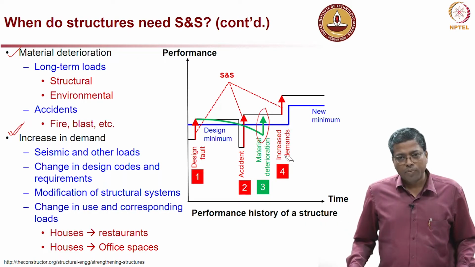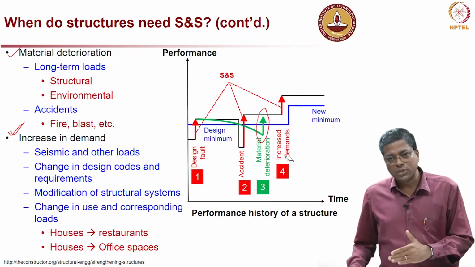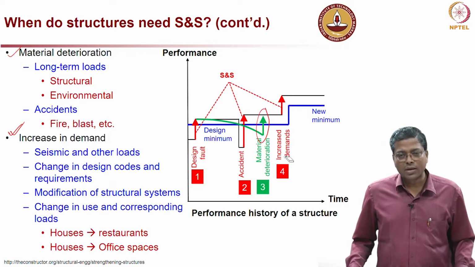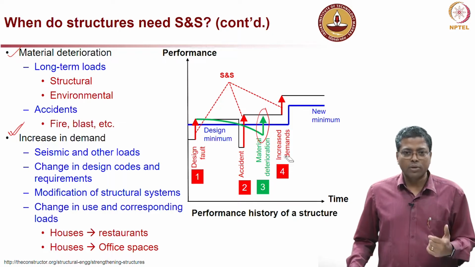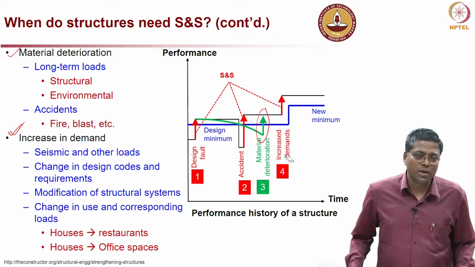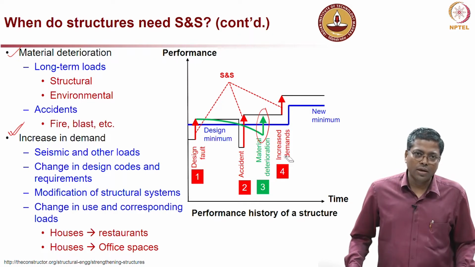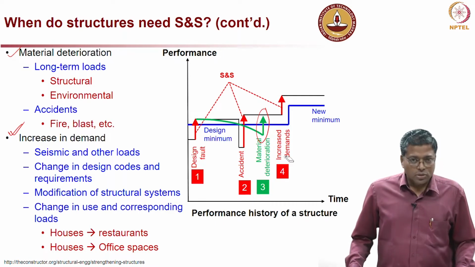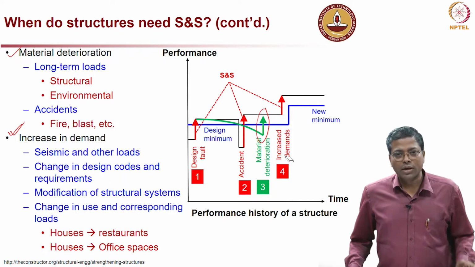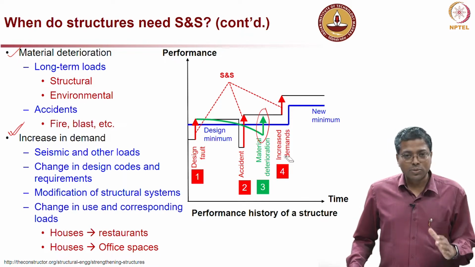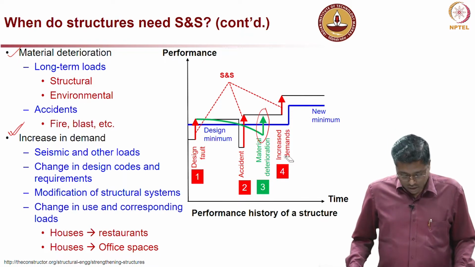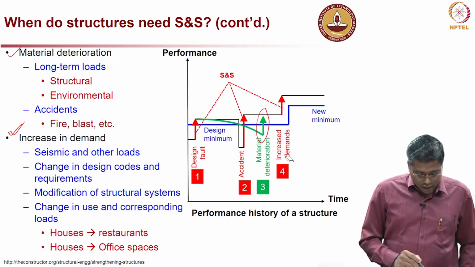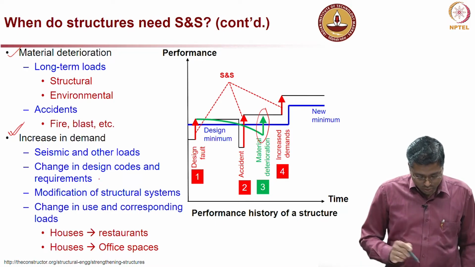So, if you go to repair a structure which was designed and built before that, you will have to actually meet the new design condition or criteria. So, that will end up in what we can call a retrofitting process. And another case is change in design code requirement, already mentioned.